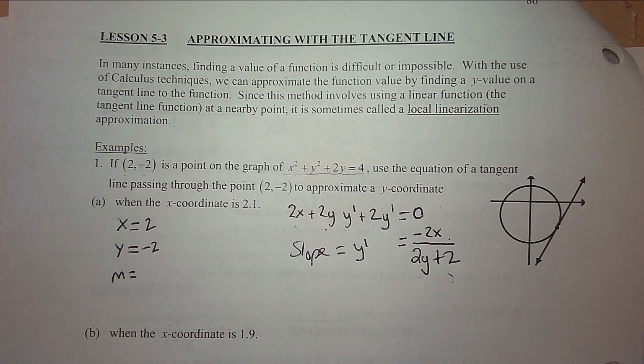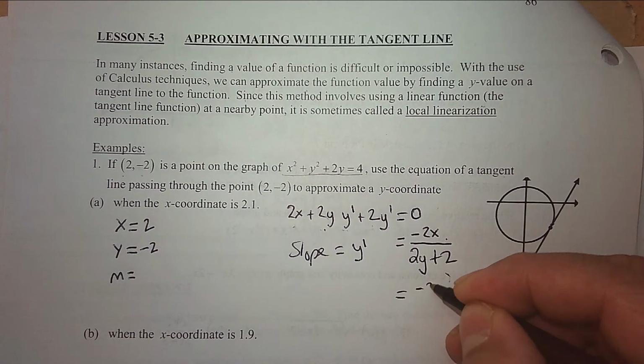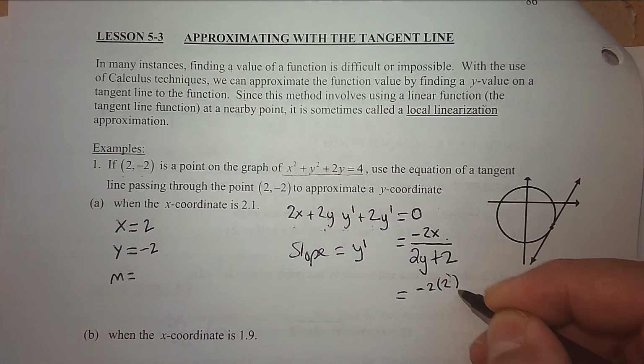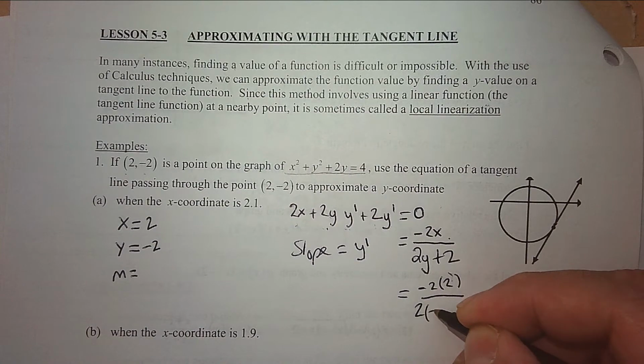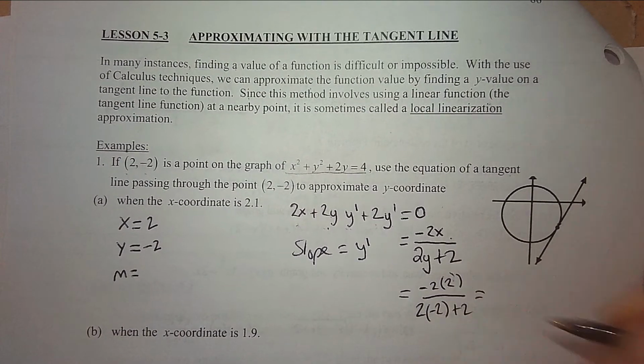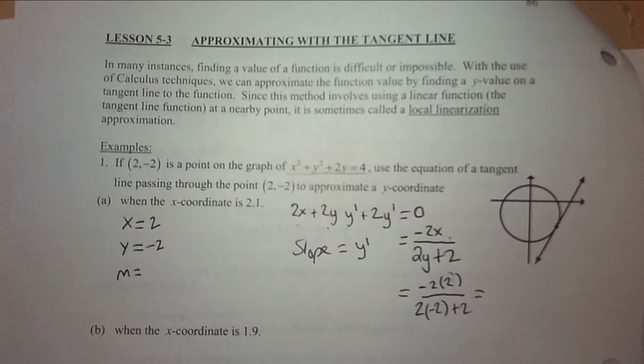How will I find the slope now? What will I do? Plug in what? X is what number? And y is what number? Solve it. So you know what x is, you know what y is, plug it in.